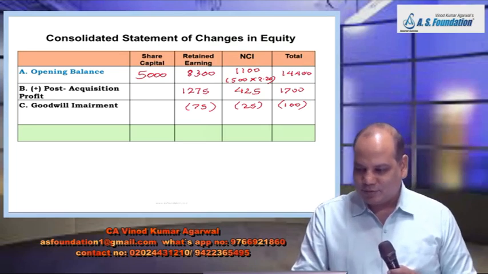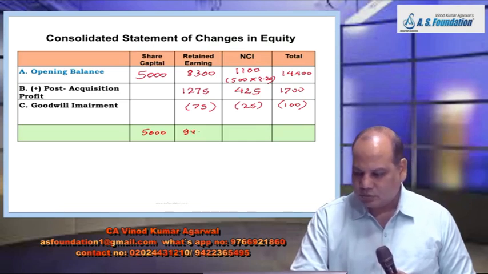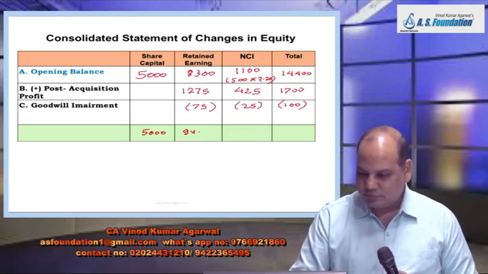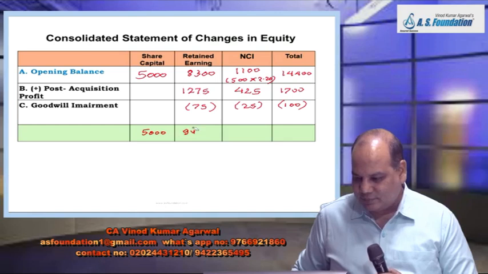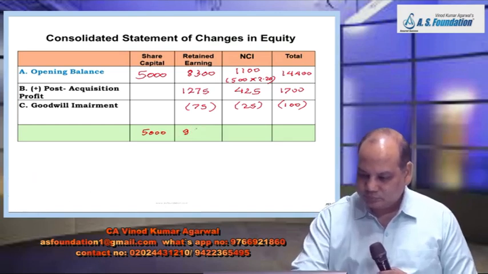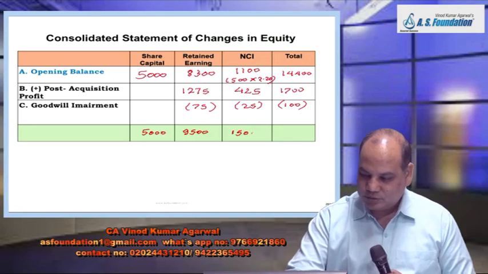Okay, total of share capital, retained earning, 9,500. NCI total.